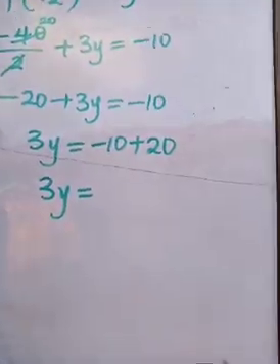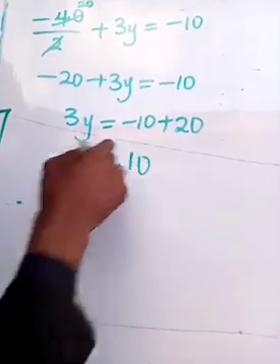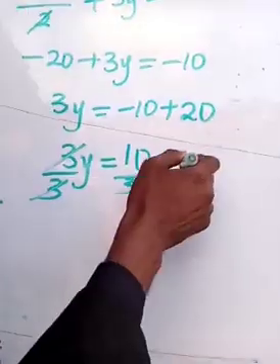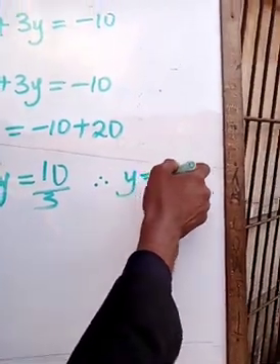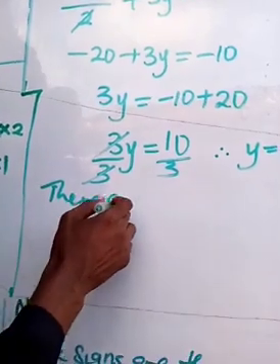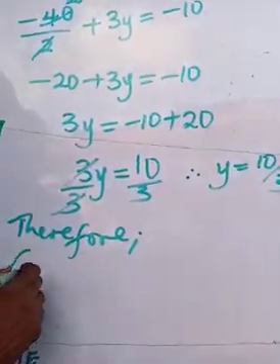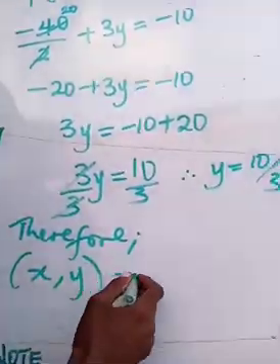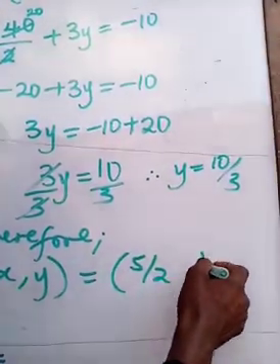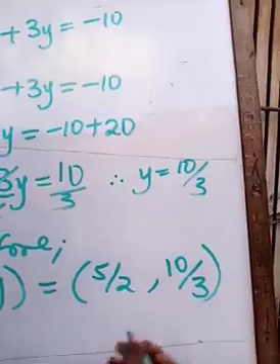So if you try to pay all the 10, you still have 10. So you divide both sides by 3. So y is 10 over 3. So therefore, when x is 5 over 2, y is 10 over 3.